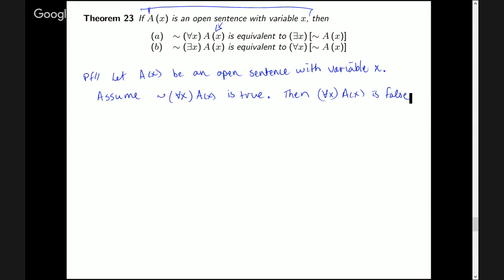If the negation of something is true, then the original value has to be false. So that means for all x, A of x is false. Well, if A of x is not true for every x, that means that there exists an x so that A of x is false.